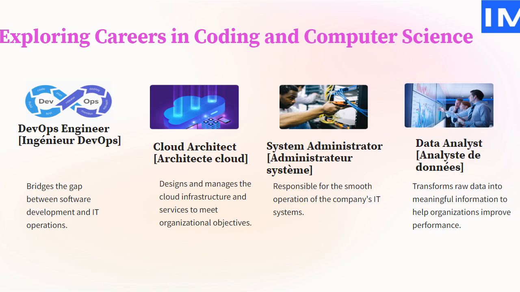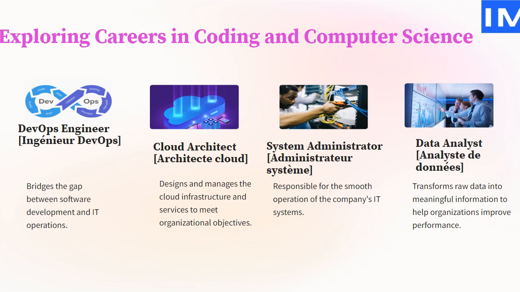On top of that, we have DevOps engineers. DevOps engineers are people who bridge the gap between software development and the IT operations of a company. And then we have cloud architects. Cloud architects are people who design and manage the cloud infrastructure and services to meet the objectives of the organizations. And then we have system administrator.